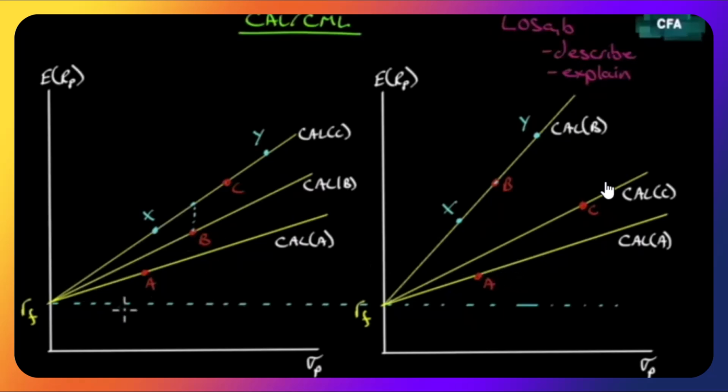Let's look at our other investor. Our other investor is faced with the same risk-free rate, agrees with A, says, I think you're absolutely right on A. We're the same there. But B and C, my friend, you are way off. You have assets in B that you have not recognized are clearly undervalued.